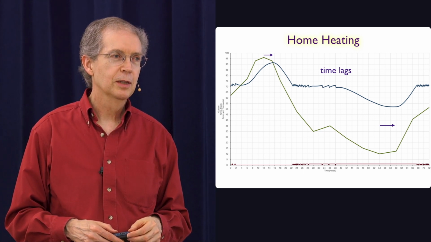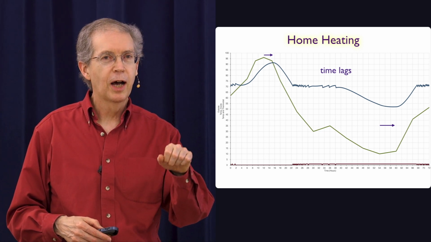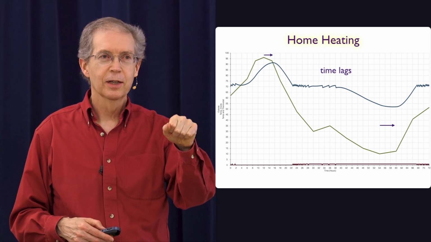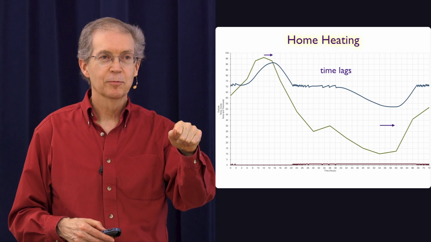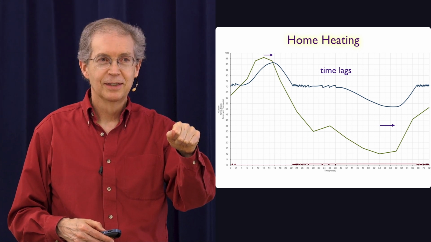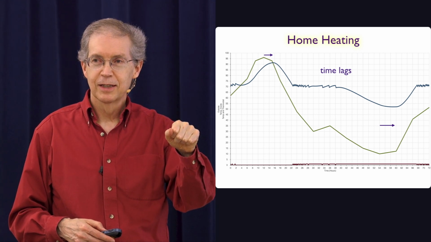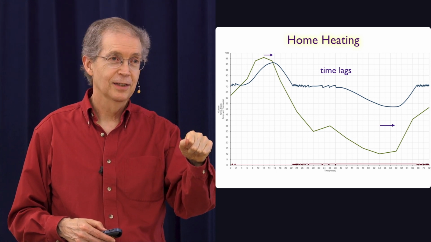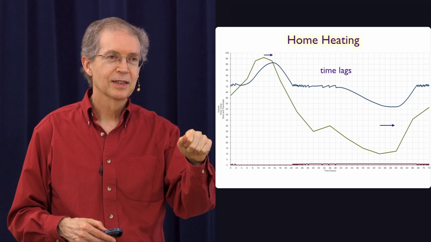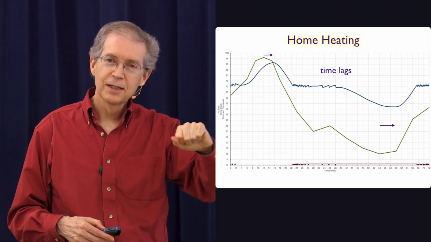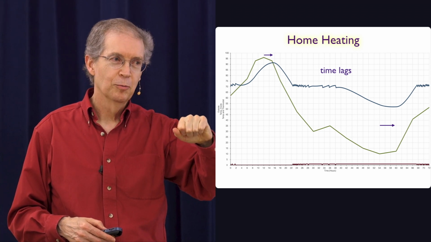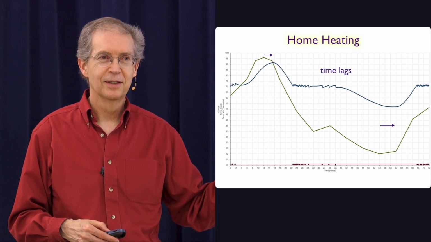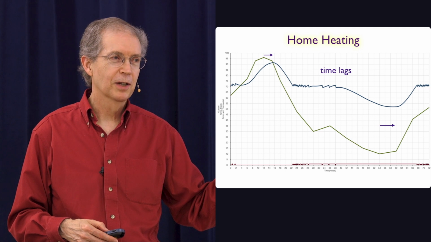Have you ever turned on the hot water in a bathroom somewhere in a house and it comes out cold, and sometimes gets even colder and then eventually gets hot? Well, that's because you send the signal by turning on the faucet, but there's a whole long pipe between you and the hot water heater that may very well have gotten quite cold.